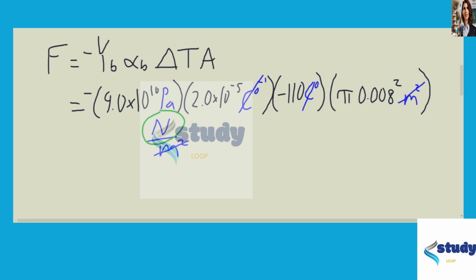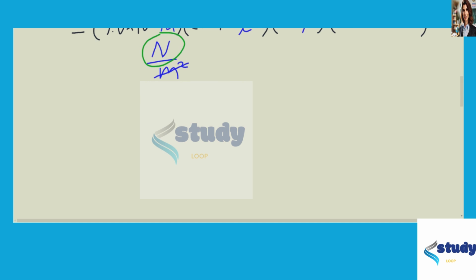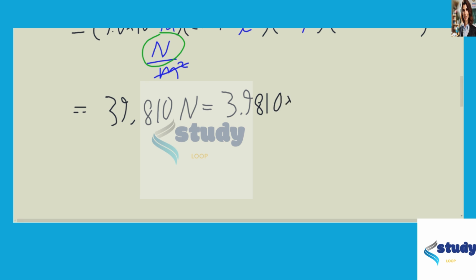Okay, you plug all the numbers into your calculator and multiply it out, you're going to get something like 39,810, not going to worry about decimals, newtons, or in scientific notation, 3.9810 times 10 to the fourth. And we're almost done, but you don't want to forget about significant figures.